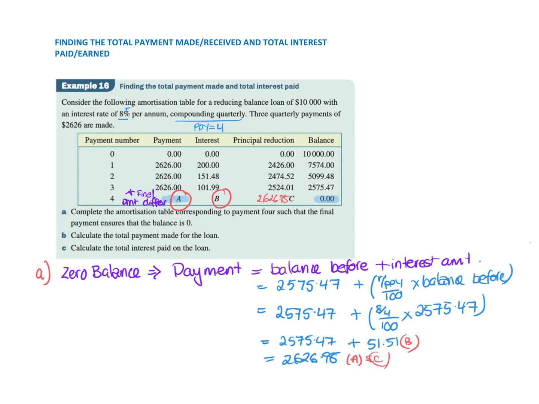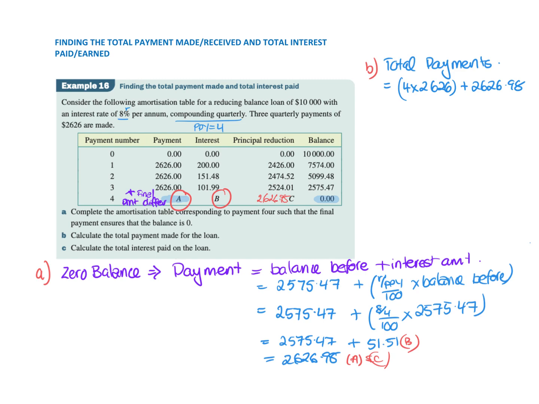All right, I'm just going to do it over here because I've got room. In question B, it says calculate the total payments made for this loan. So what you have to do, total payments, what this person ended up doing was they did 4 payments of 2626 plus the final payment, which was 2626.98.